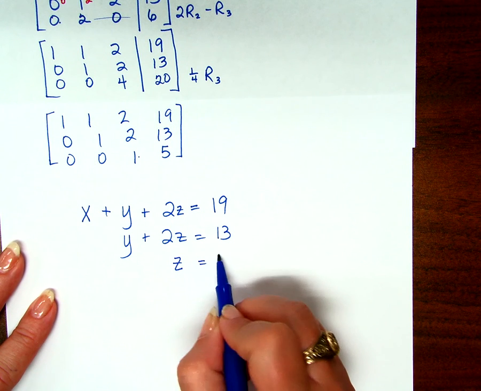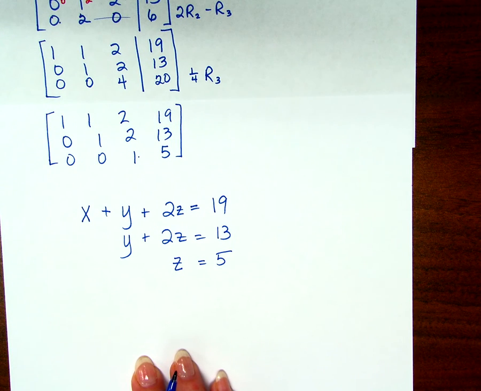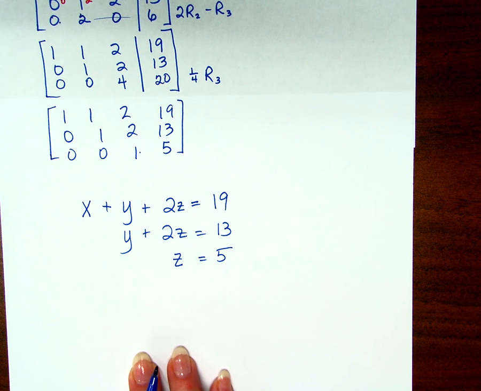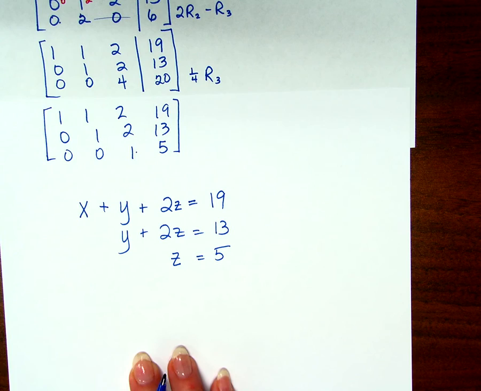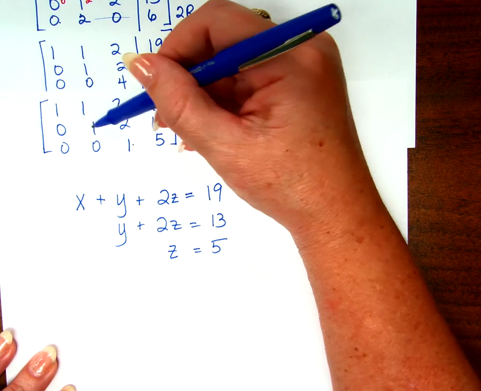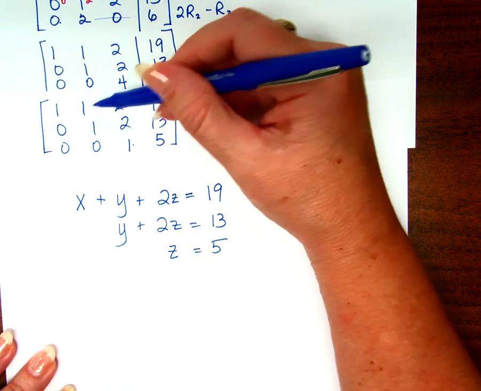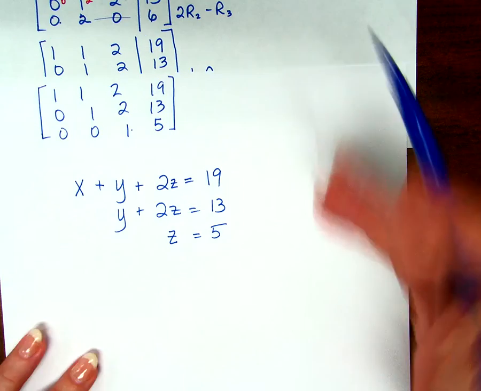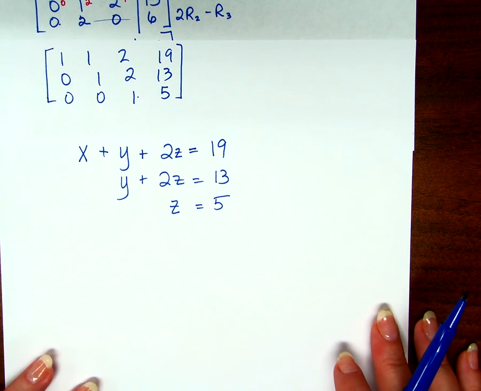And z equals 5. Yeah? Gauss-Jordan, all 1s, 0s, 0s, just like we talked about when we get our answer from the calculator.